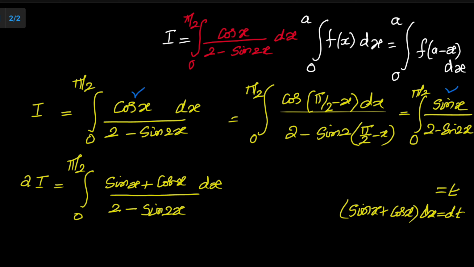Sin x plus cos x we want to get. So shall we say sin x minus cos x? What happens? Let us see. Sin x derivative will be cos x, and cos x derivative is minus sin x. We have minus of minus. So this will perfectly fit into it.